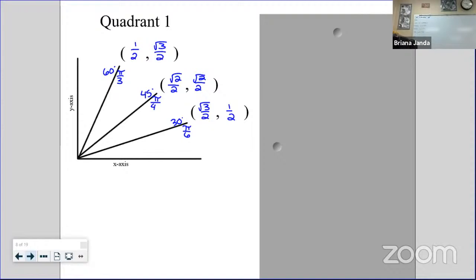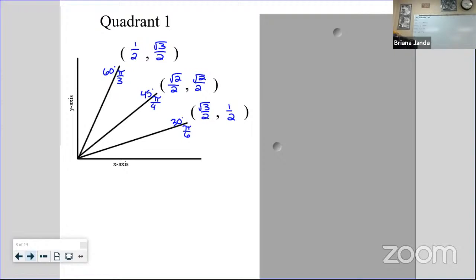Now, initially that looks like kind of a bit to memorize, but what I want to point out is if I consider all of the numerators to be the square root of the number, because the square root of 1 is 1, notice every single one of them is over 2. You see that? Every single one of those numbers is over 2. Look at your numerators. They go 1, 2, 3, 1, 2, 3.